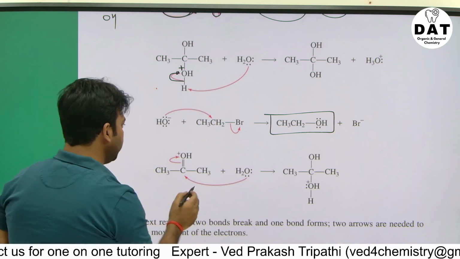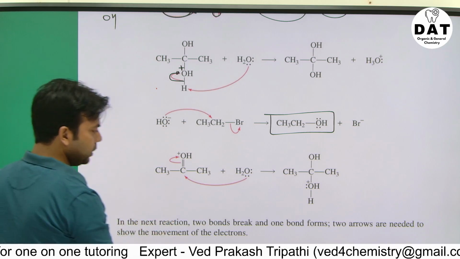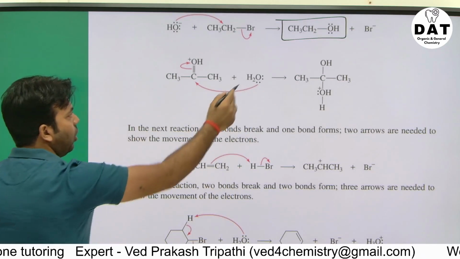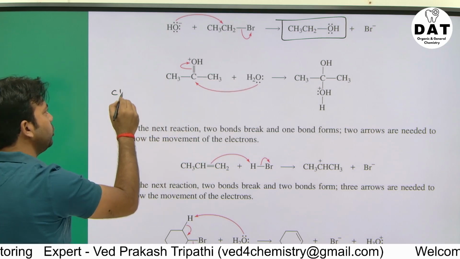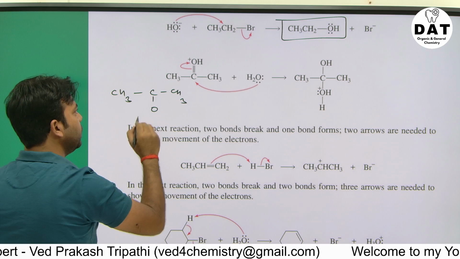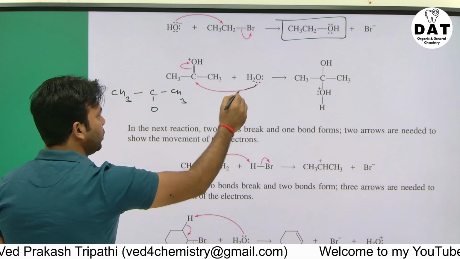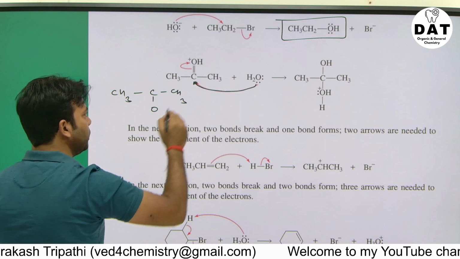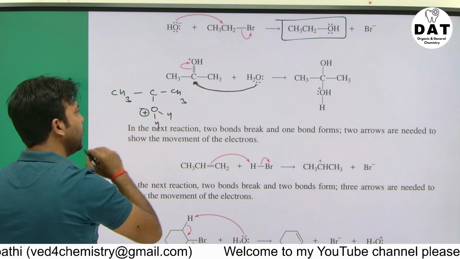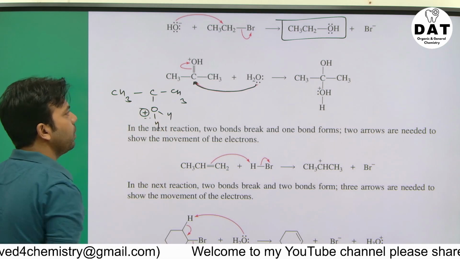Oxygen attacks this carbon, so look at here. Oxygen attacks this carbon, so it should be like this, CH3, C and CH3. So oxygen has a positive, this flow of electron means there is a bond between oxygen and this carbon. So oxygen has 2 hydrogens and this is positively charged and one is still a lone pair.